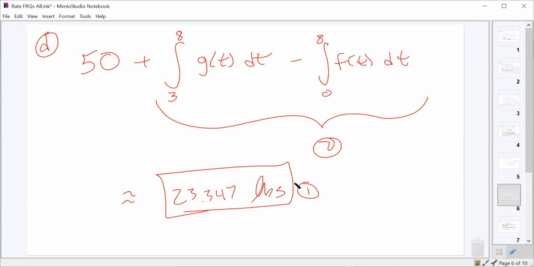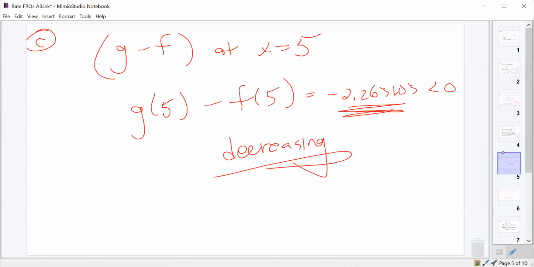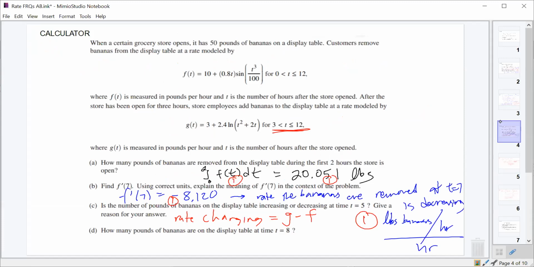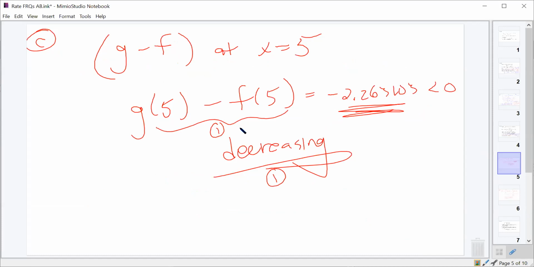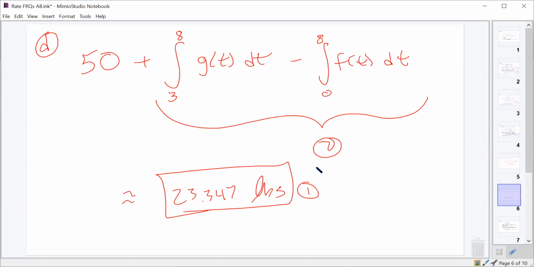No, it was worth 9. 1 point for this and 1 point for this, so 4, 5, 6, 7, 8, 9. 2 for A, 2 for B, 2 for C, and then 3 for D. Any other questions on the bananas?